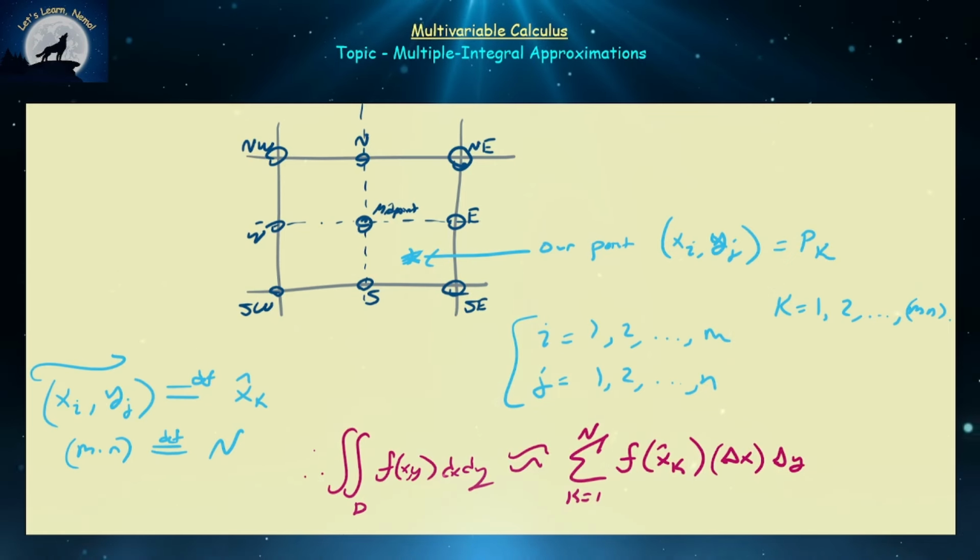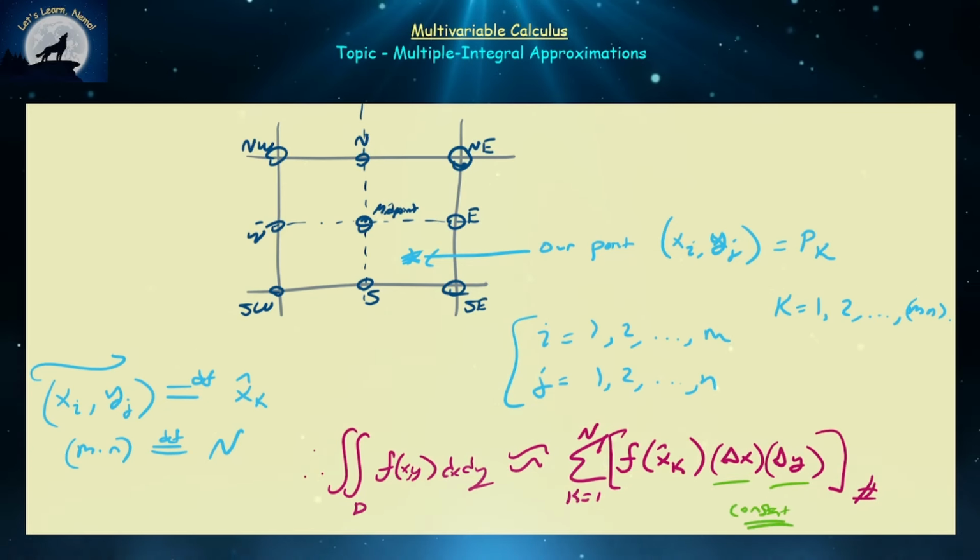So delta x is our length, delta y is our width. So this gives us our approximation, right? And another thing to note, for uniform partitioning, both of these are constants, so you technically could factor them out of the sum in order to make your computation a little bit easier or faster.